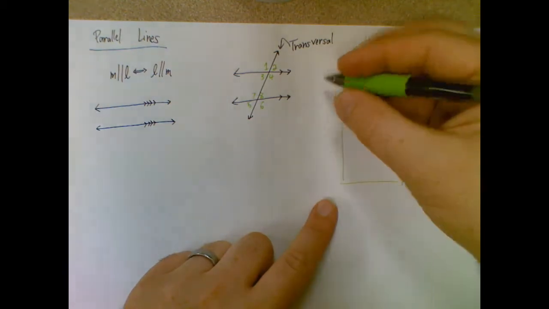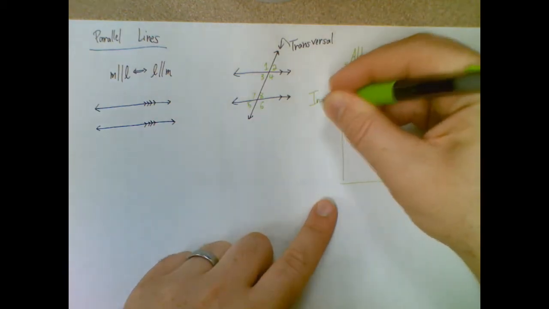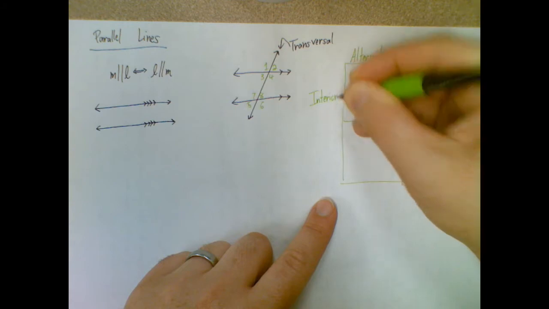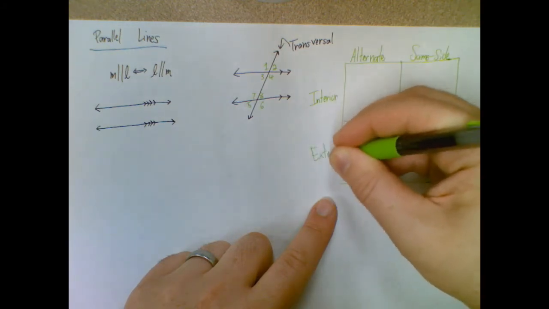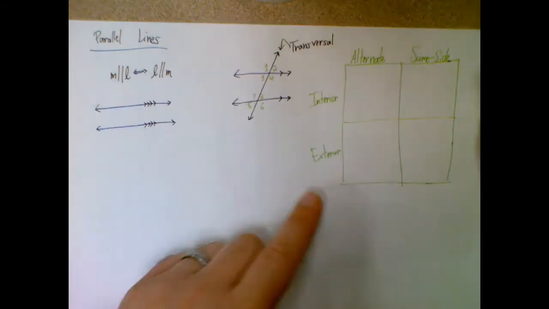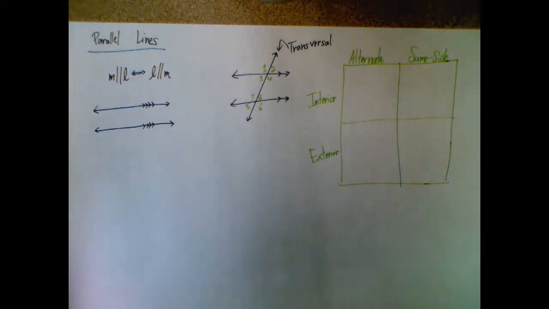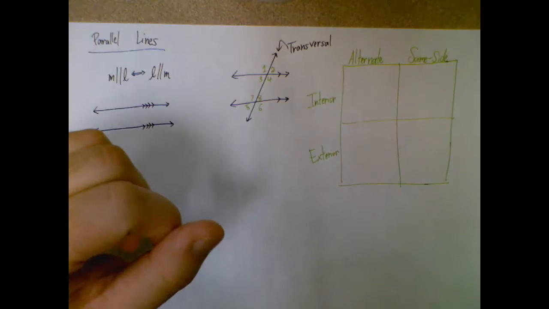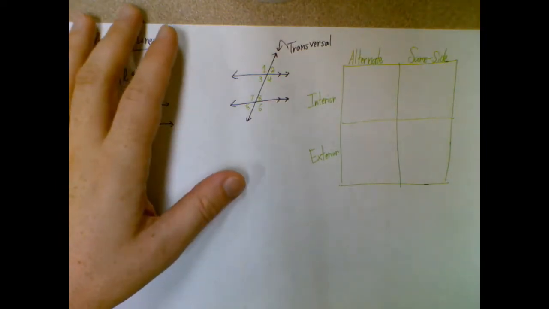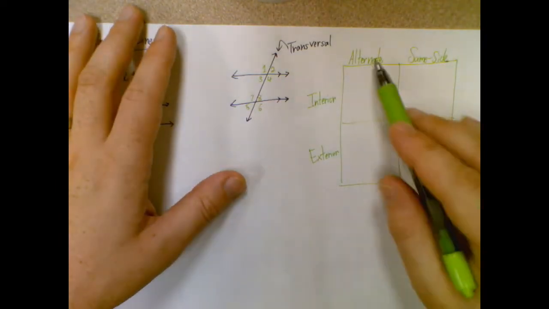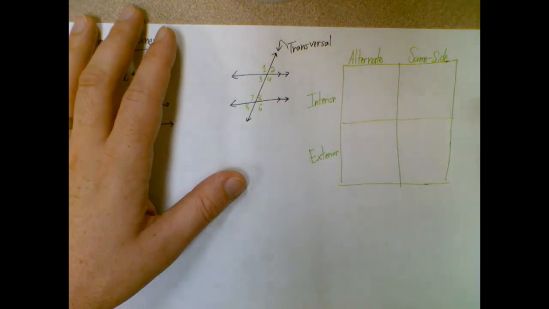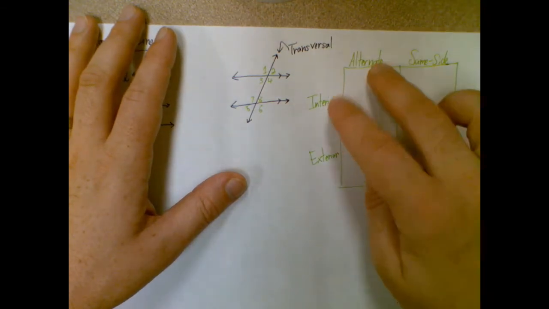And then in terms of the parallel lines, we'll have interior or exterior. So this is going to be our first way we can break down these lines. So how to read this is this box will be alternate interior angles.